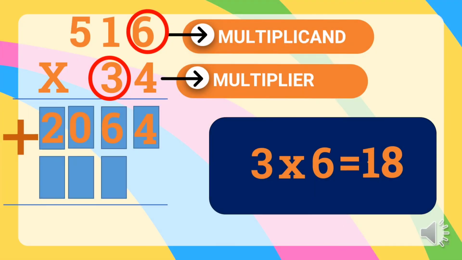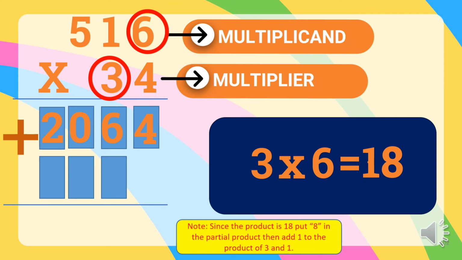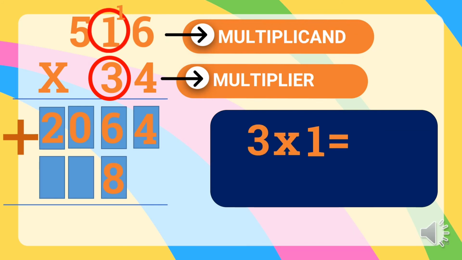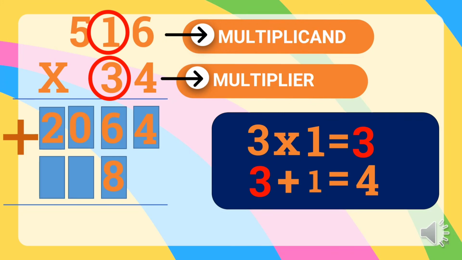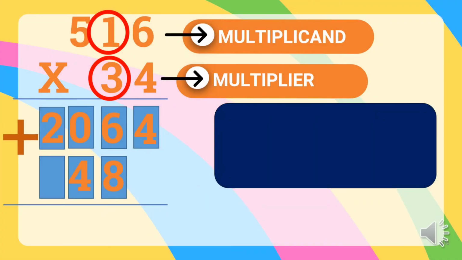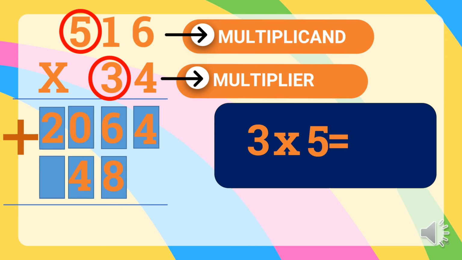Since the product is 18, put 8 in the partial product, then add 1 to the product of 3 and 1. So 3 times 1 is equal to 3. 3 plus 1 is equal to 4. Next is 3 times 5. So it is equal to 15.